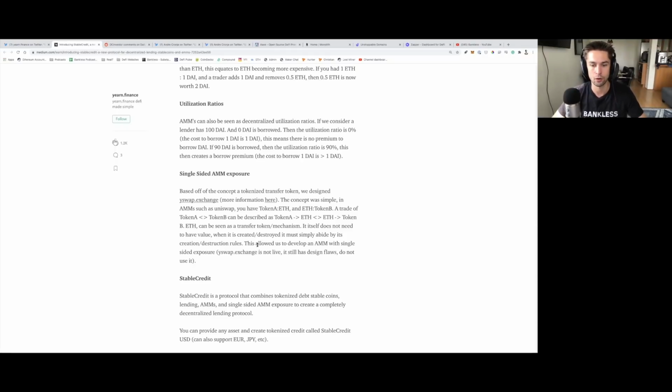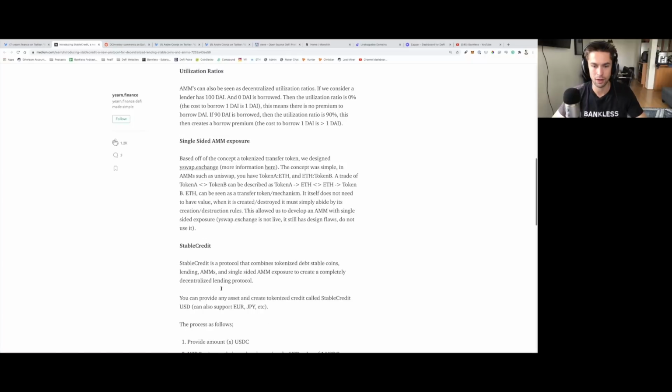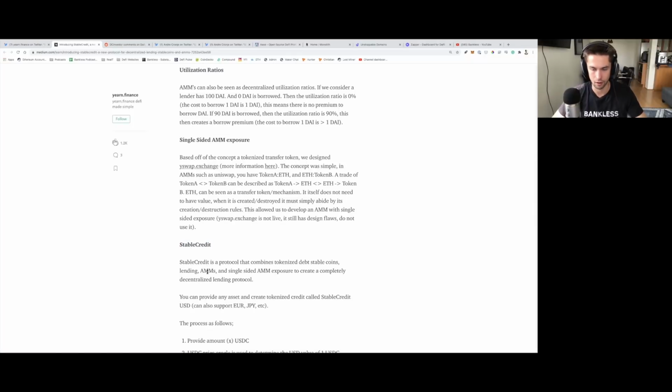This allowed us to develop an AMM with a single-sided exposure. I'm not too sure what he meant by this when it's created and destroyed. I think he's talking about a new possible token that can be created and destroyed to facilitate this token transfer mechanism. And that's what I think this stable credit token is, right?